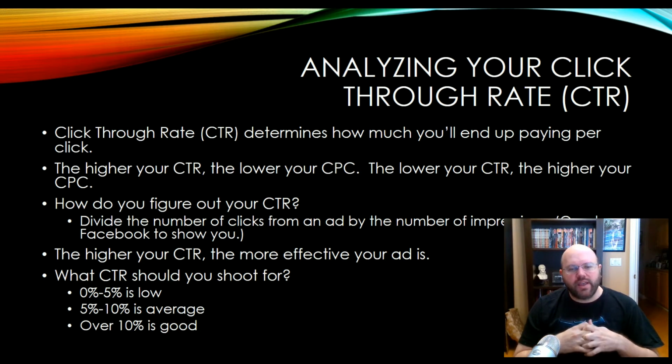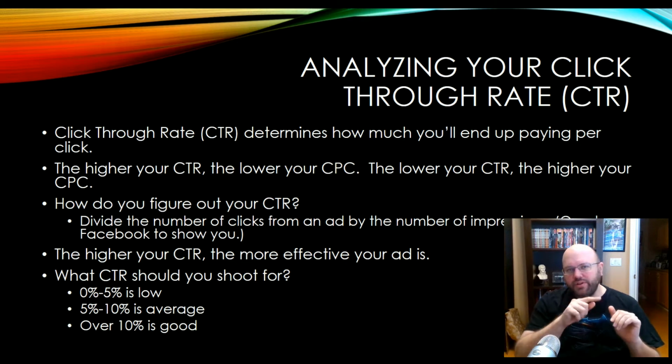So just real quick, how do you figure out your click-through rate? For you people out there like me who hate math, this is super simple. Basically, you just take the number of clicks that you've gotten from an ad and you divide that by the number of impressions. So basically, if you have 1,000 impressions and you got 10 clicks, you divide 10 by 1,000, and that's your click-through rate, basically.